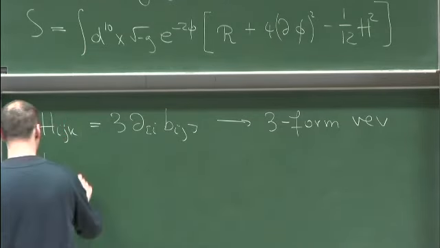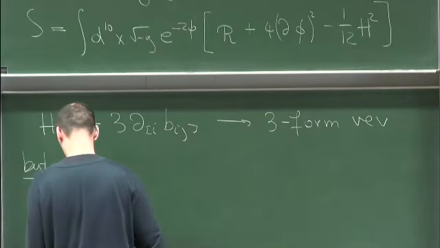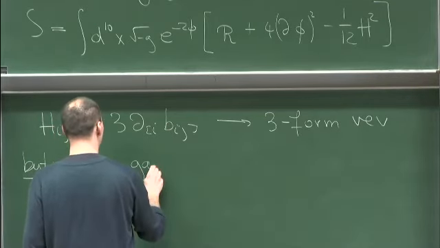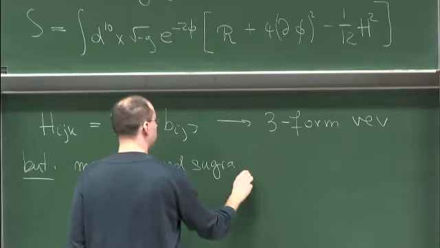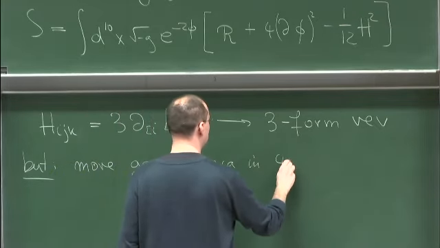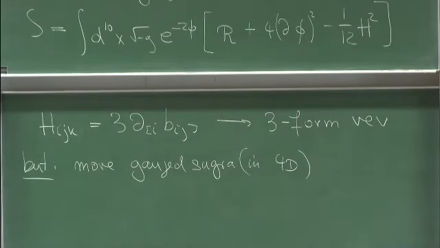there are many more gauged supergravities in lower dimensions than what you can get naively from flux compactifications. So there are more gauged supergravities in 4D, let's say, but also in most other lower dimensions. So the question arises, what happens with those gauged supergravities?